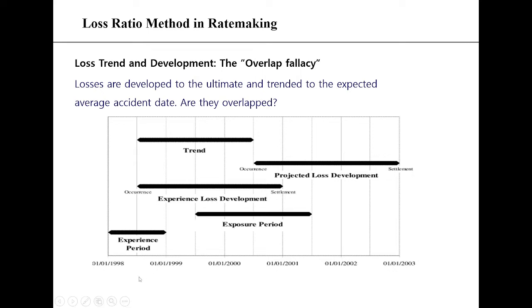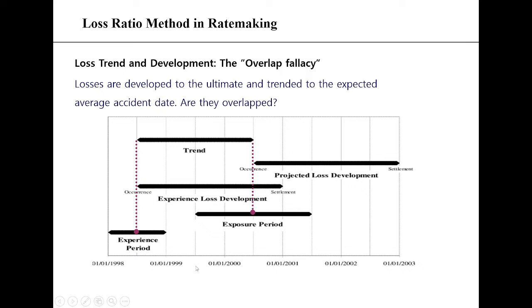And then we usually get the average accident date. Right now, we can get, let's say, the empirical distribution of accident date for this period, and we can get a better view, but this is a long time ago, so we just took the midpoint.